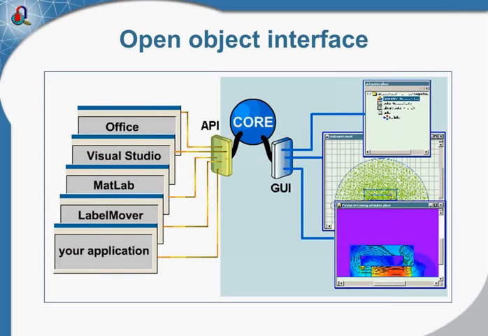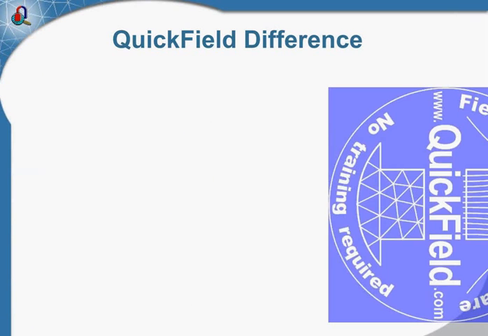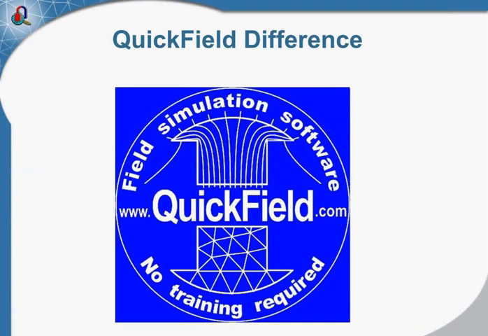ActiveField application programming interface provides access to the functions of the graphical user interface and allows automation of routine tasks, performing additional calculations, including QuickField into the higher level simulation system or any other task which is impossible using only graphical user interface. And most important, QuickField, regardless of this rich set of options and analysis capabilities and high performance, is an extremely easy package which requires practically no specialized training.